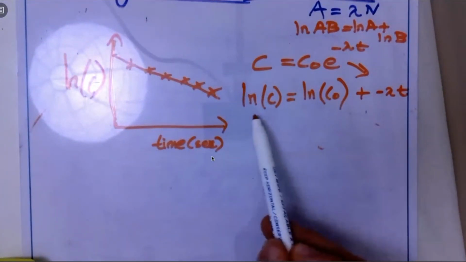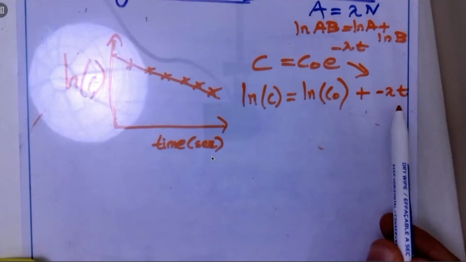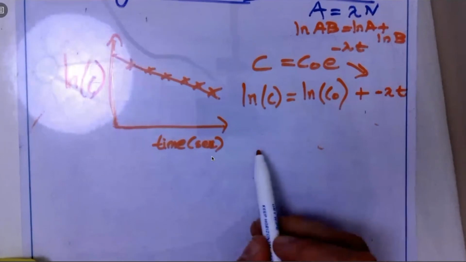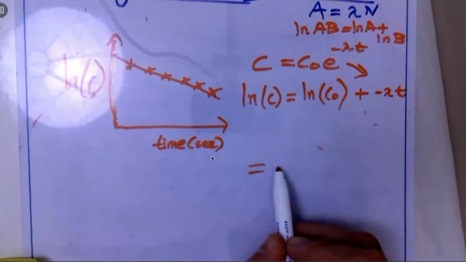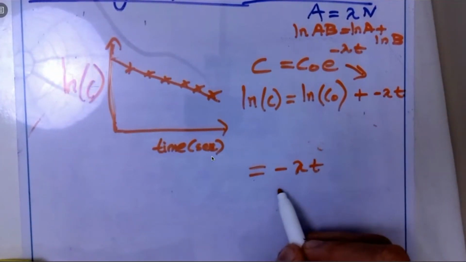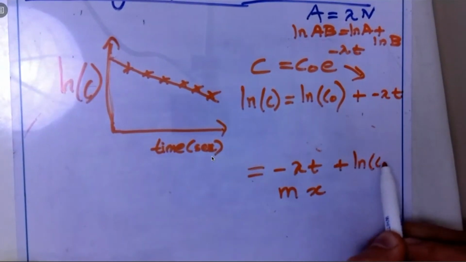So basically what we have is log C equals log C naught plus negative decay constant times t. Now if I put this in my y equals mx plus c form, I'm going to write it like this: minus decay constant t is the mx, plus log C naught.